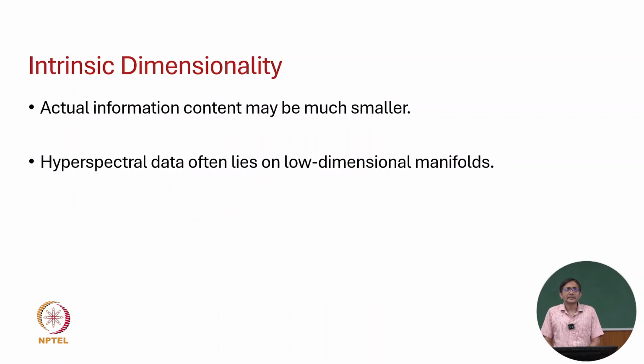Also, we can think of this as connected to the concept of intrinsic dimensionality. Even if we are presented with some 230 bands, the actual information content may lie in a lower dimension.